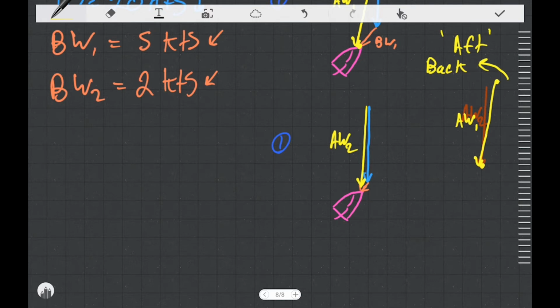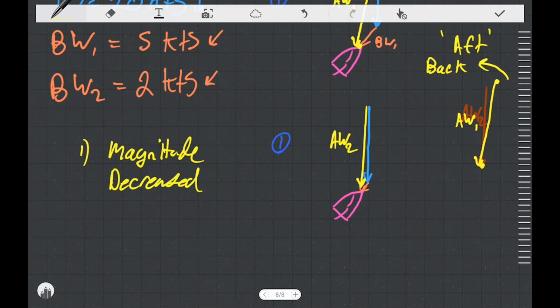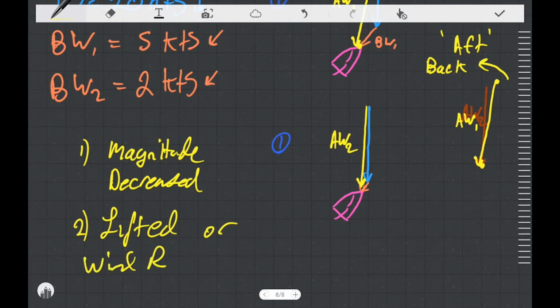So one of the effects is that the magnitude decreased, and the other effect was that we got basically a lift, or the wind rotated back.